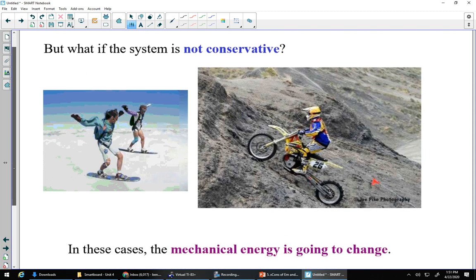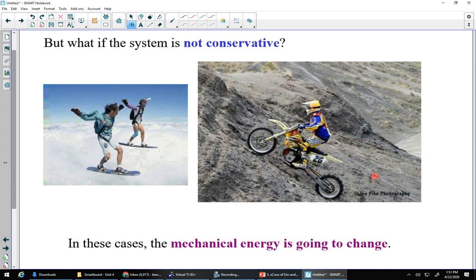So for example, an extreme dirt biker dirt biking up a hill at a constant speed. The kinetic energy isn't changing, but their gravitational definitely is. This is a very extreme lesson, by the way. We've got these extreme skydiving snowboarders who have jumped out of a plane and are now skydiving and snowboarding.